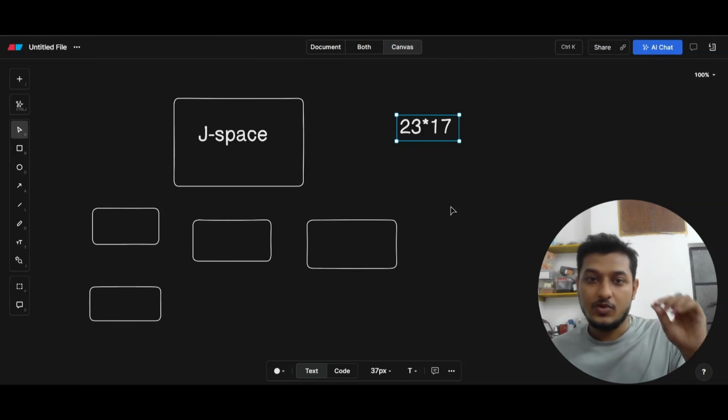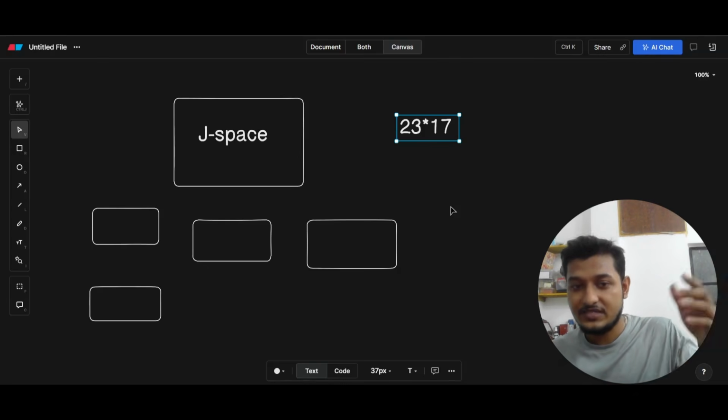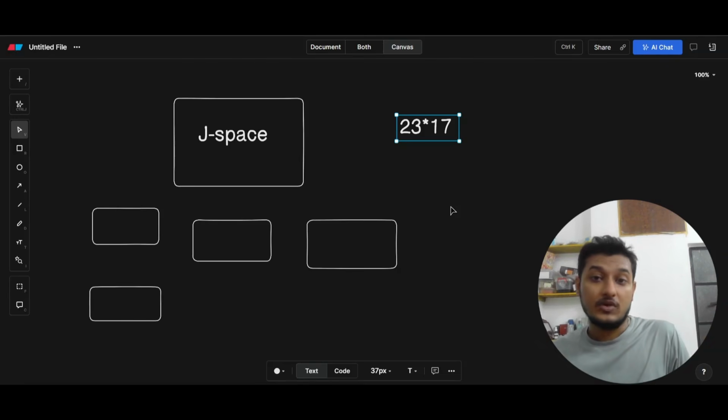So what you would expect is that those traces should not be present inside the J space. They should be removed from the J space, but the model is not removing those traces from the J space.